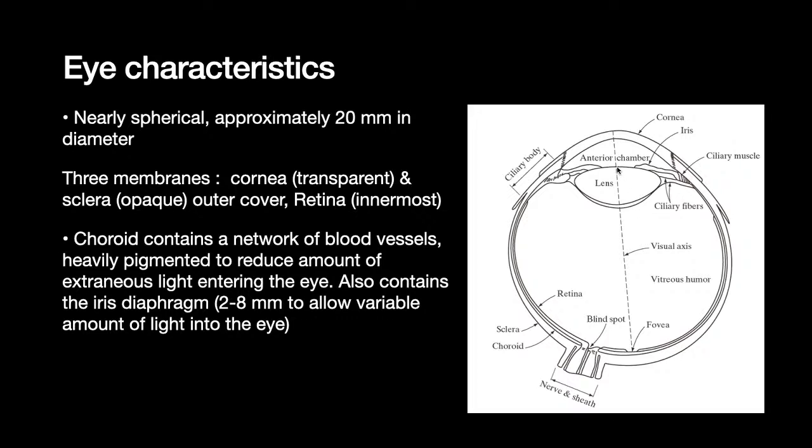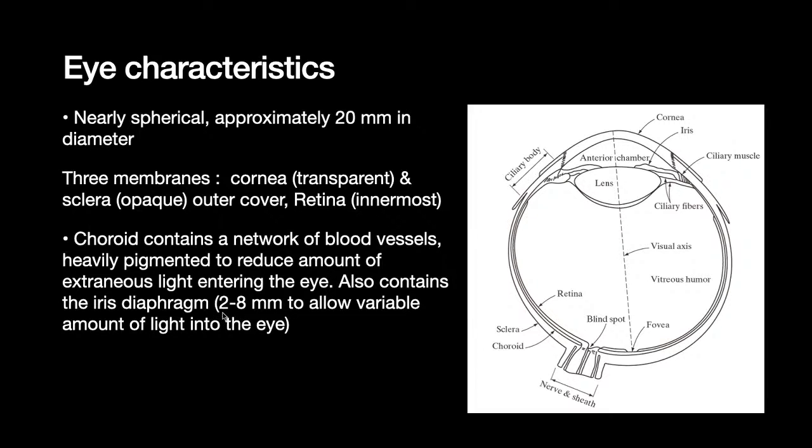The eye lens is held on two ends by what are called ciliary fibers, and they can be stretched on either side, and when they stretch or unstretch, that decides the size of the lens. So the lens can increase in width, the lens can decrease in width.